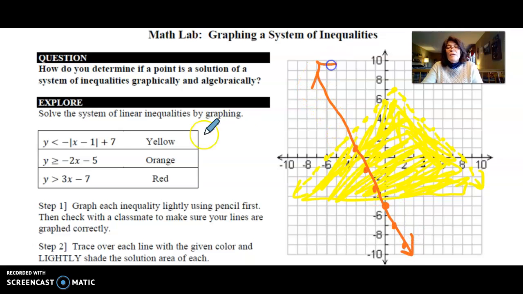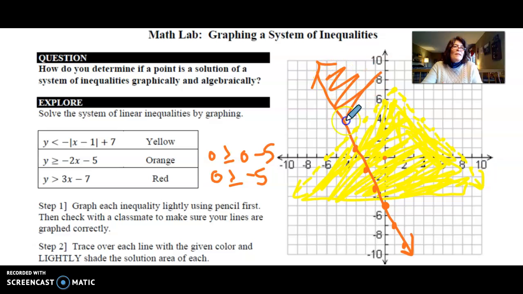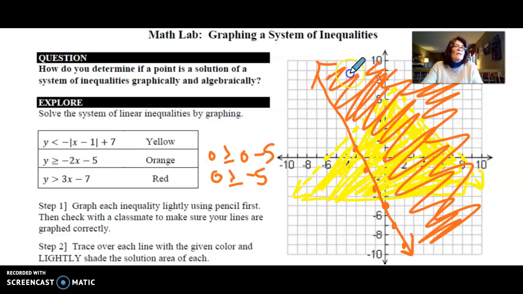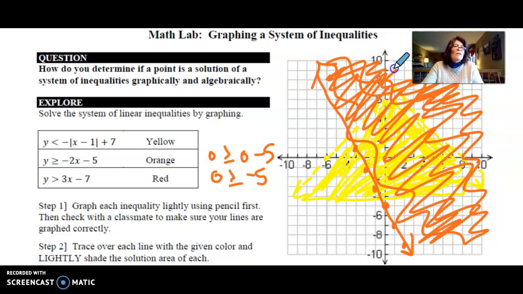And I want everything greater than or equal to that. Let me just check 0, 0. 0 is bigger than or equal to -5. Yes, it is. 0, 0 should be in the shaded part then. And that's kind of what I was thinking with the y coordinates being above this. So there's the answer to the orange graph, everything to the right of this line.